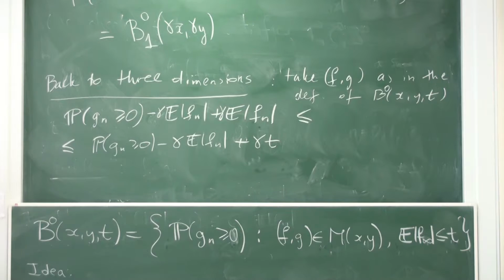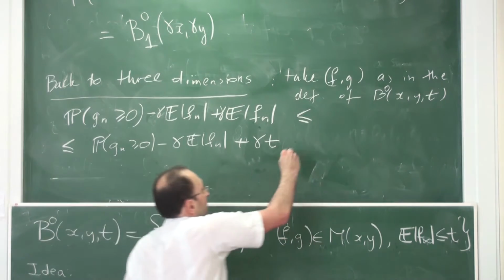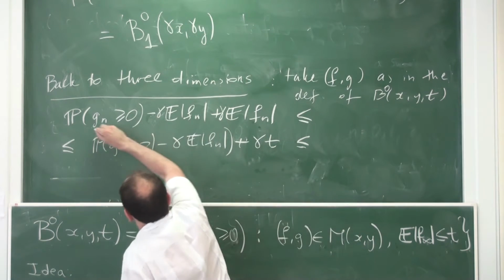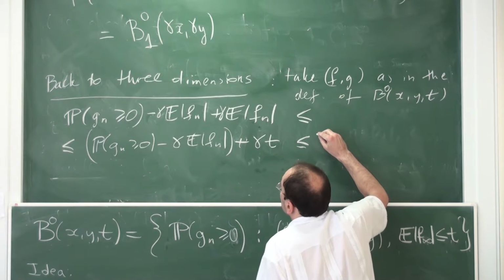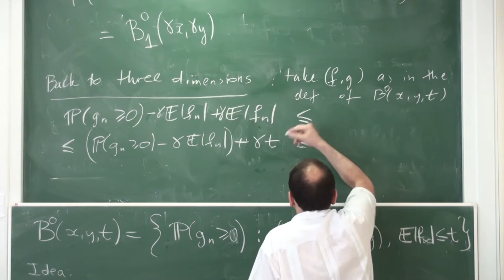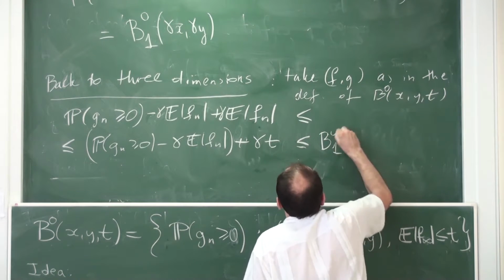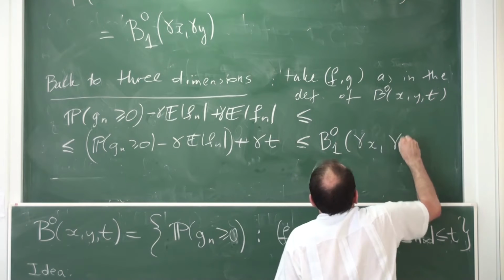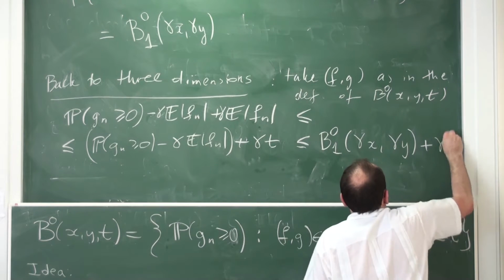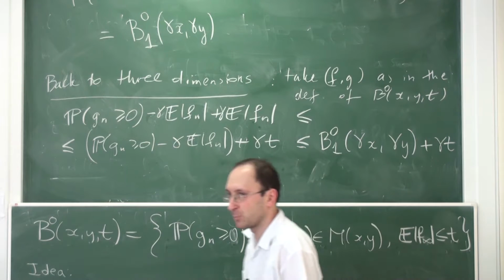And we know that this thing in the brackets is bounded by this, let us write it, B10.